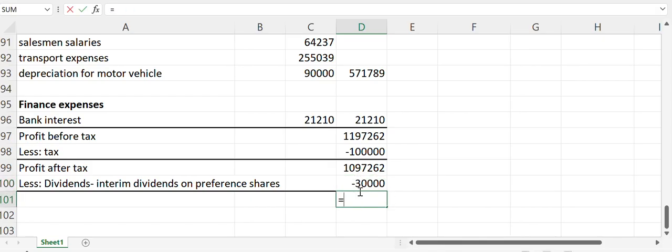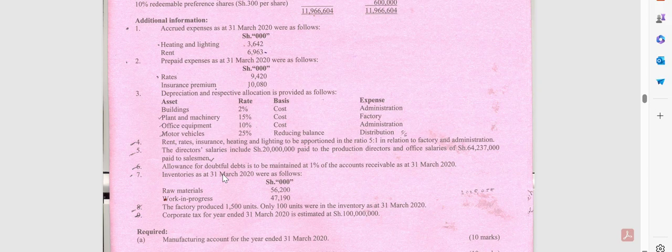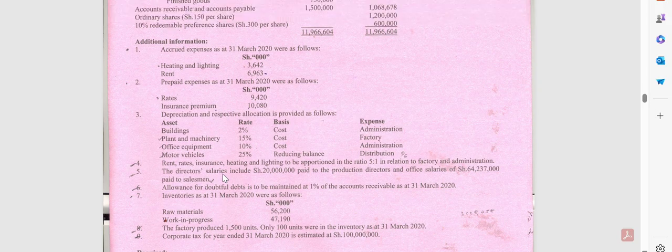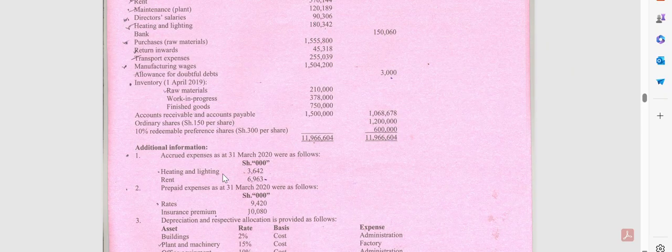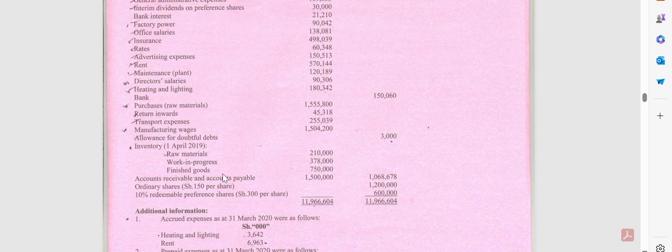So this one is going to be this one minus, so we have that. So I don't know whether in the additional information there was information on dividends, so that we don't leave anything out. We don't have information on dividends, so that was the only dividends on preference share.